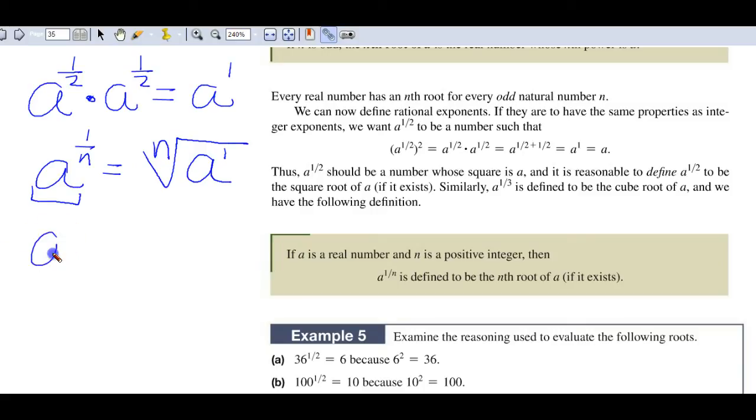So if we had a to the 1/2 power, that would be equivalent to radicand a, index number 2, to the 1st power. Now we never write a 2 in this little notch. If something is a 2, we just don't write it. Automatically, if there's no number there, it's a 2. So a to the 1/2 power is equivalent to the square root of a. Okay, let's look at some of these now.